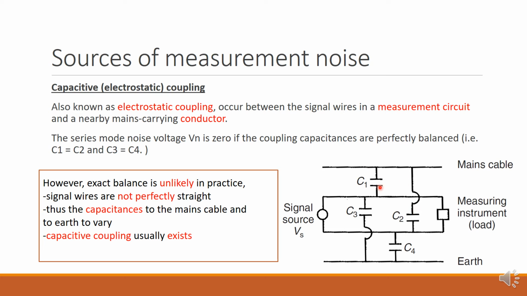When there is a capacitance difference, it will generate a small value of common mode voltage noise due to the capacitive coupling. So the actual signal source will be distorted by this effect of capacitive coupling.